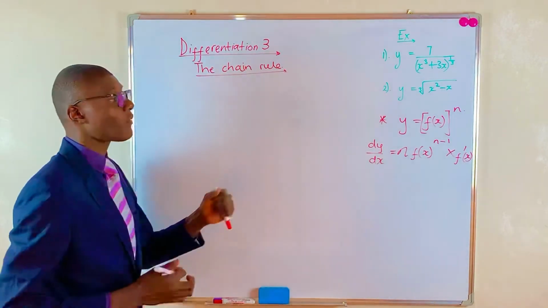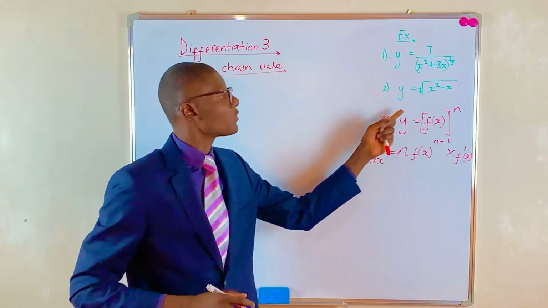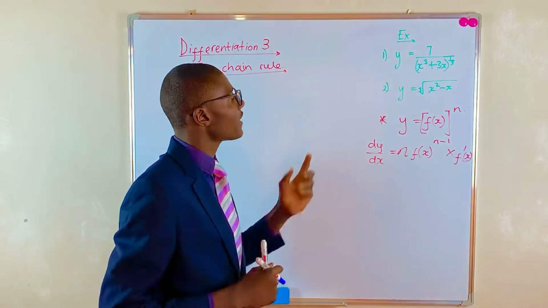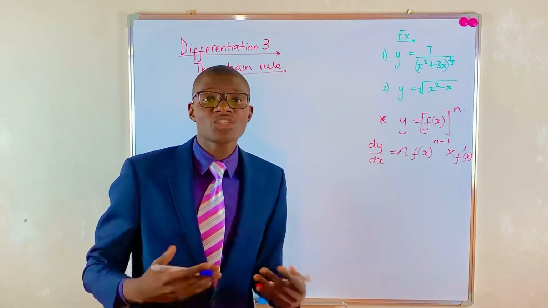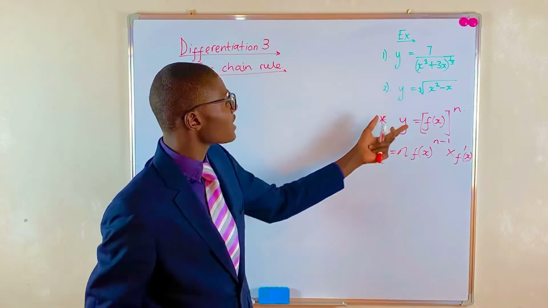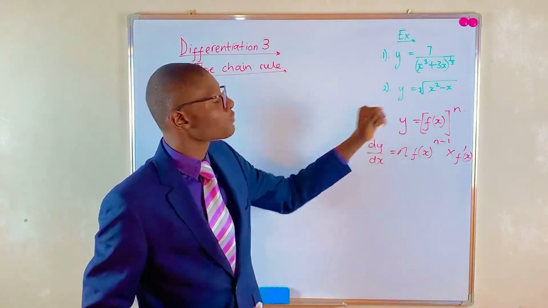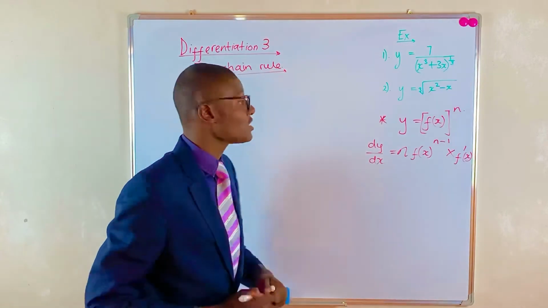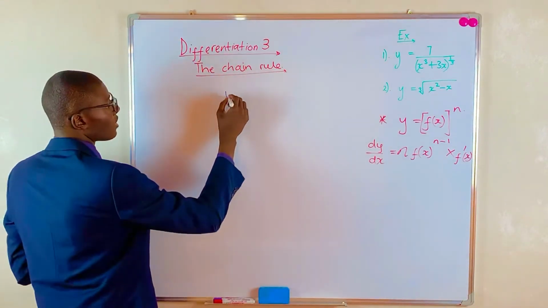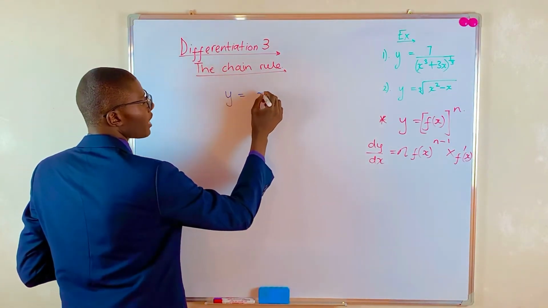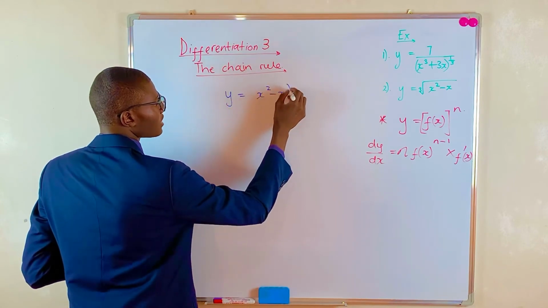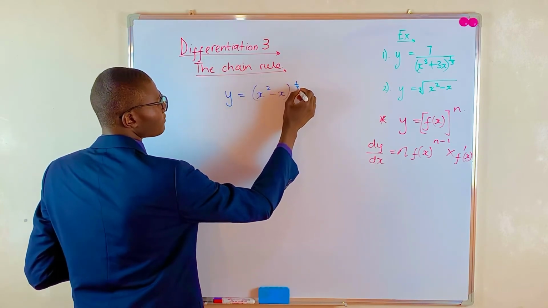Okay, so now what we have, we've got y is equal to cube root of x^2 - x. But what do we know? We know that for us to differentiate this, we first of all have to remove the cube root sign, which means we rewrite this as y is equal to (x^2 - x) raised to the power of a third.